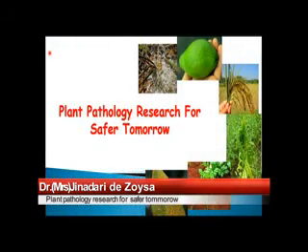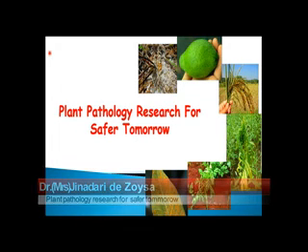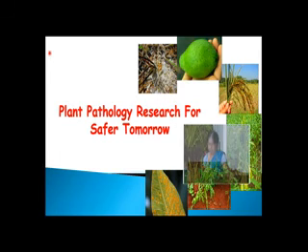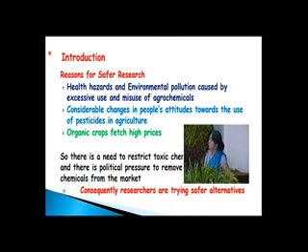So in line with your ASDA theme, I have selected this topic, plant pathology research for a safer tomorrow. The reasons for safer research are health hazards and environmental pollution caused by excessive use and misuse of agrochemicals.